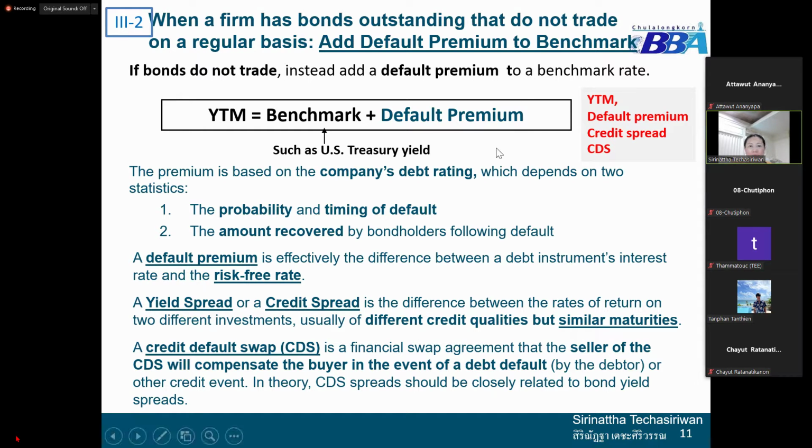And you have a choice to look at yield to maturity, or default premium, or credit spread, or credit default swap.